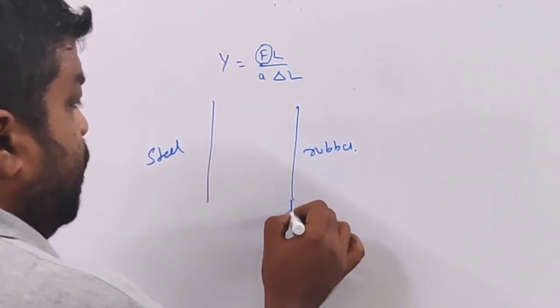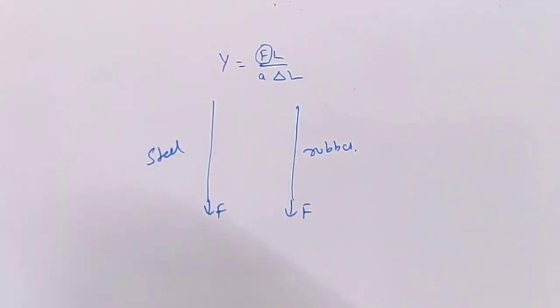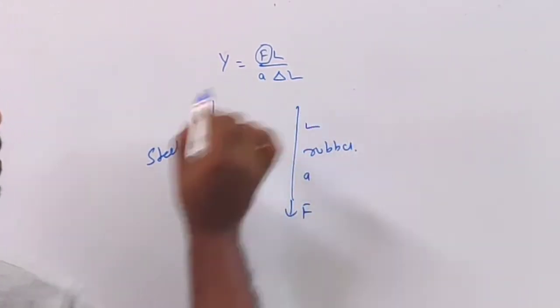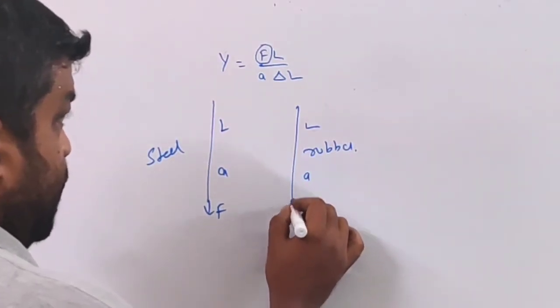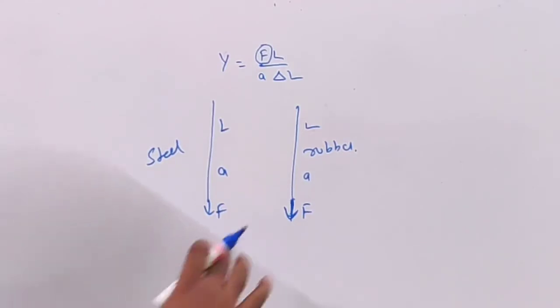Now if the same load is applied, suppose they have the same length and same area, then the elongation in the rubber will be far greater than that in steel.